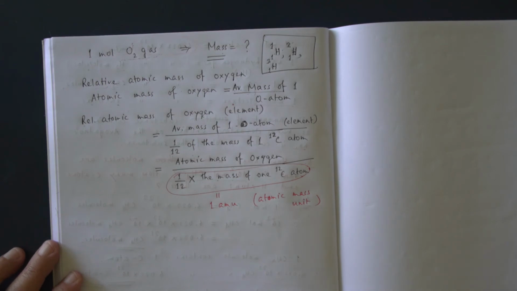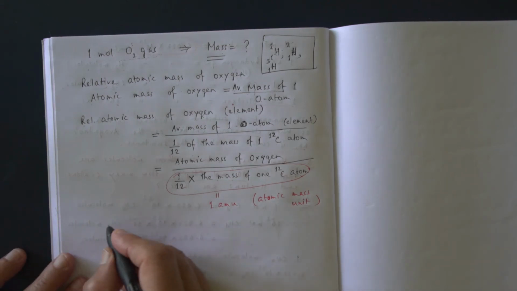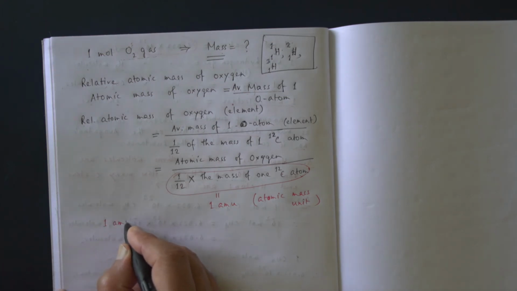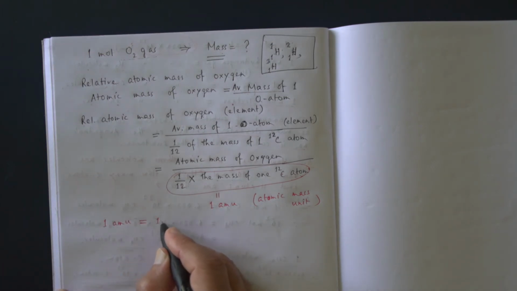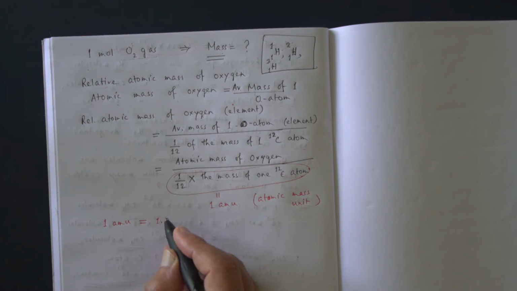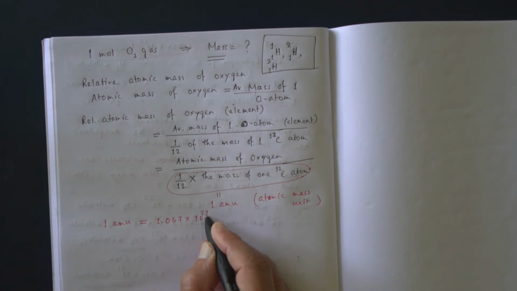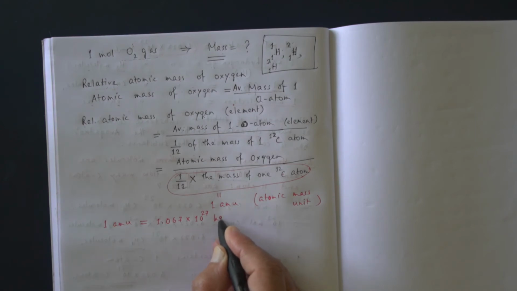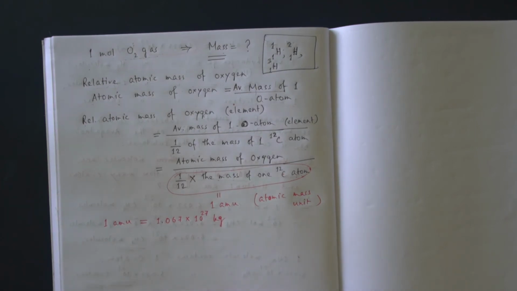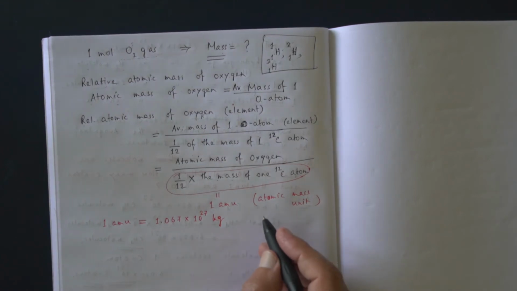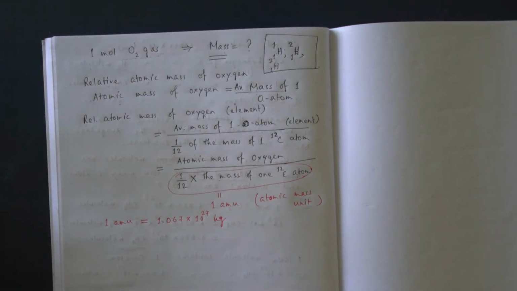So the value of 1 AMU is equal to 1.66 into 10 to the power minus 27 kilogram. Or you can take it in gram also.